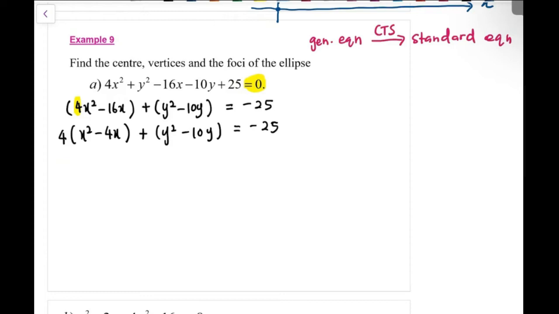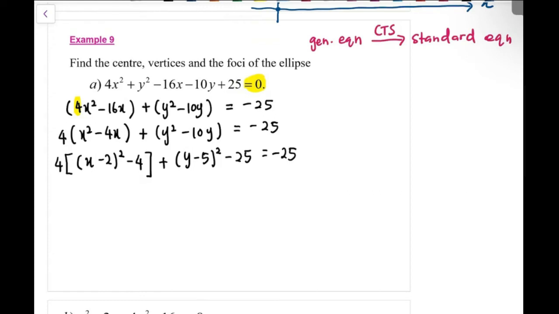Copy back je. Alright, now kita dah boleh start buat CTS for x variable, 4 stay as it is. So what do we have here? x minus 2 squared minus 4. And then for y variable, we would have y minus 5 squared minus 25 equal to negative 25.